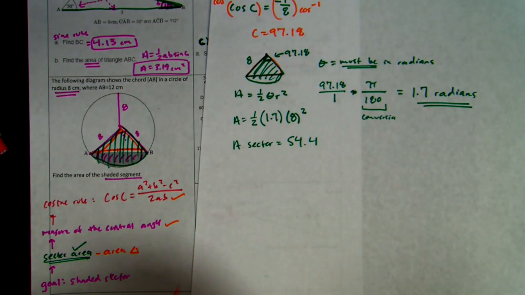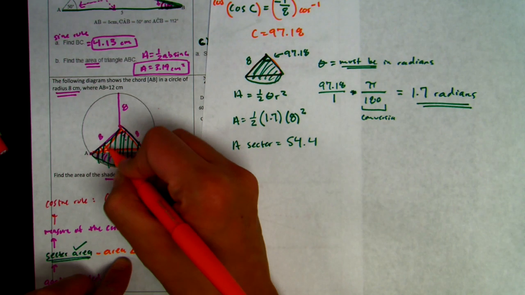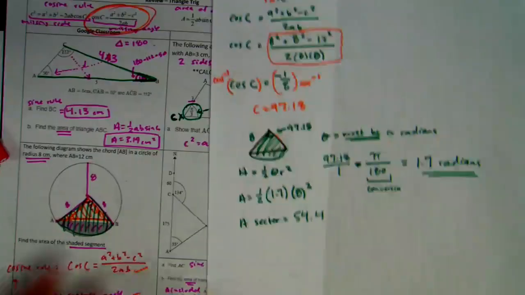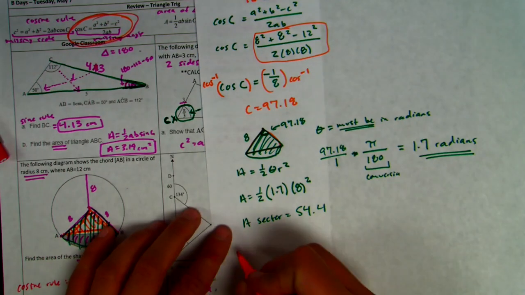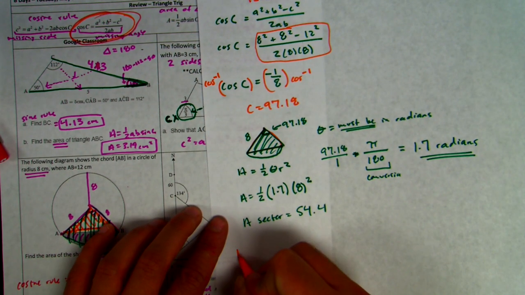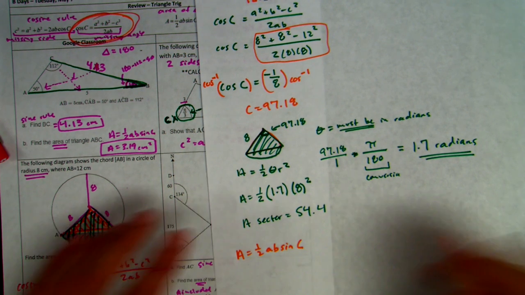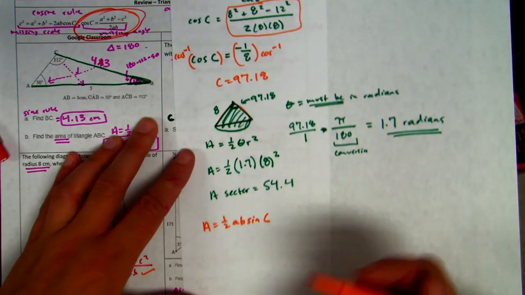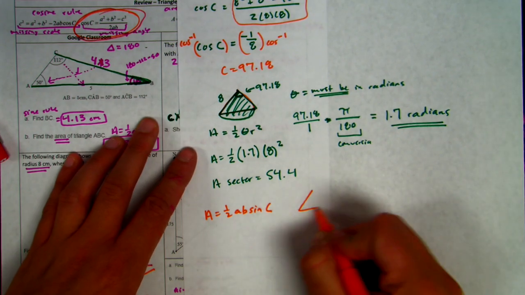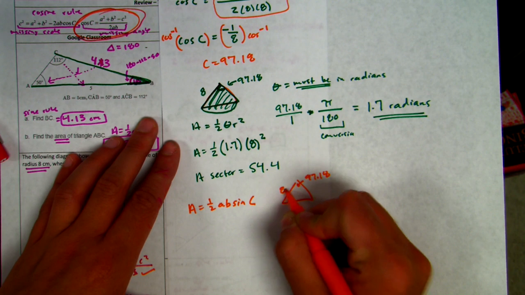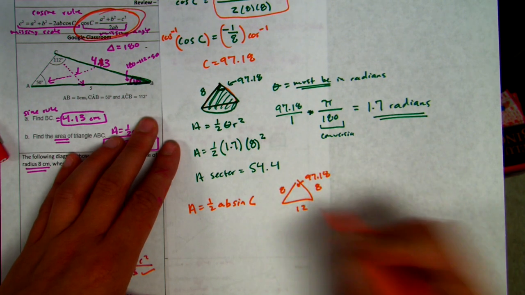Next, I want to find the area of the triangle so I can subtract it out from the sector area. Area of a triangle is 1/2 AB sine C. Looking at this diagram, I'll redraw it down here. My triangle has a degree measure of 97.18, and the sides are 8, 8, and 12.